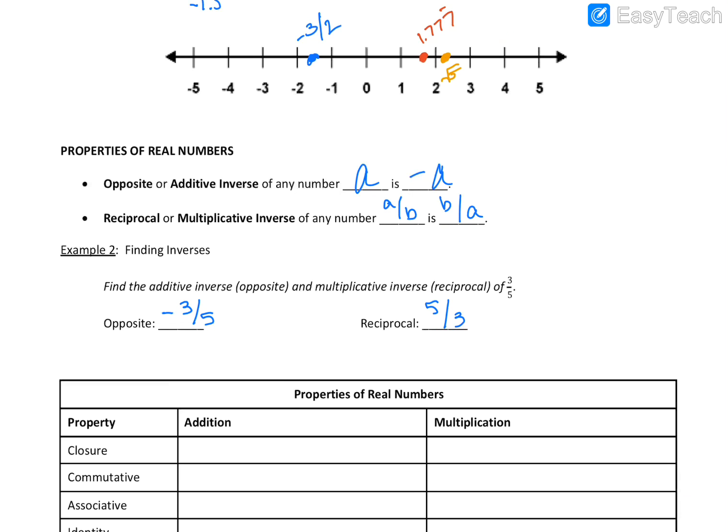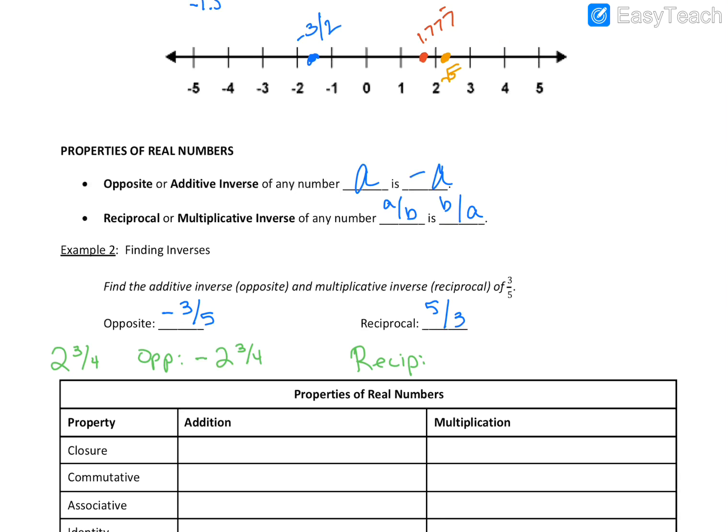If I gave you another number such as 2 3/4, the opposite is pretty easy because you just make it negative: -2 3/4. But the reciprocal is going to be a little bit more difficult because it's not written as a fraction. It has a fraction as part of it, but it's written as a mixed number.